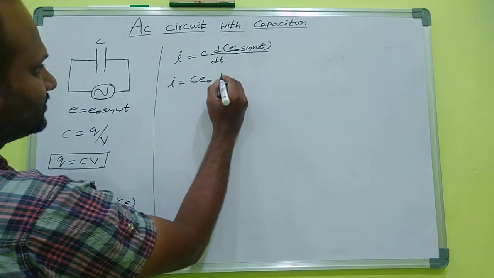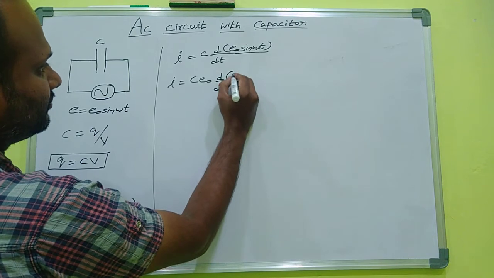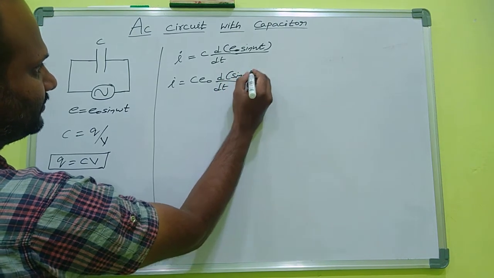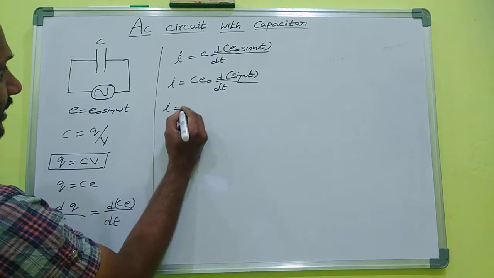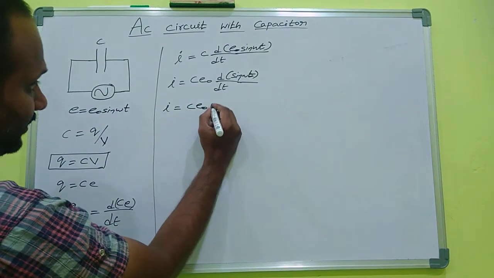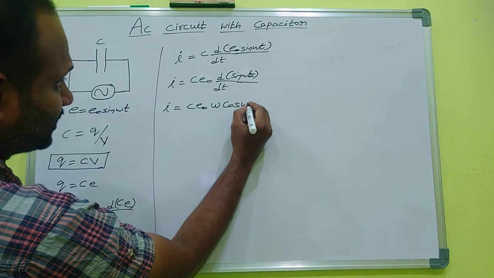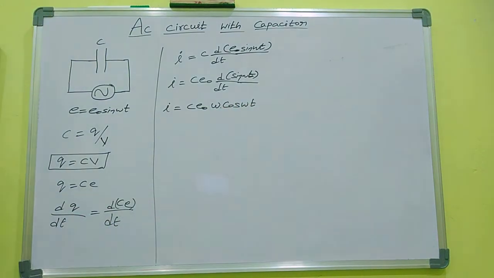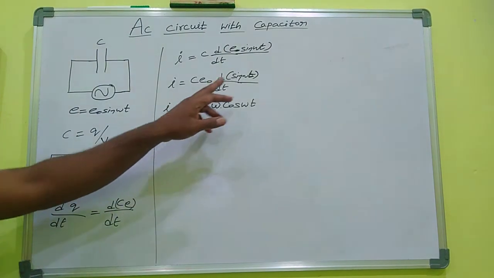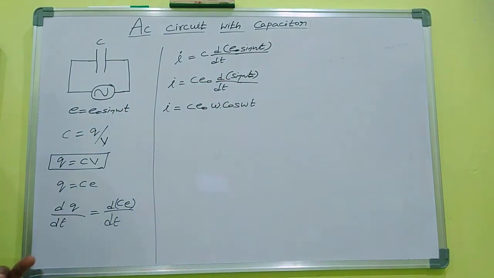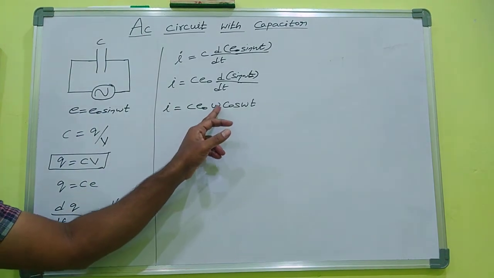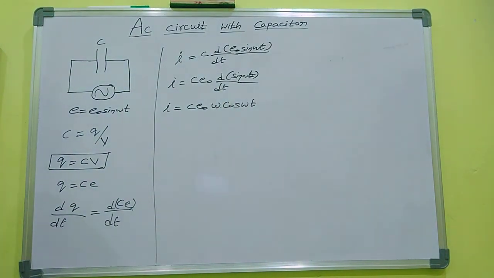The remaining term is d by dt of sine omega t, which is omega into cos omega t. So I is C E naught into omega into cos omega t, because when sine omega t is differentiated with respect to time, it becomes omega cos omega t.